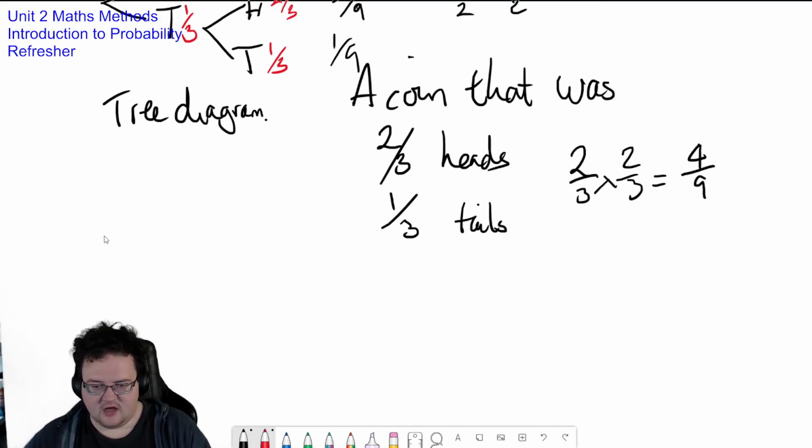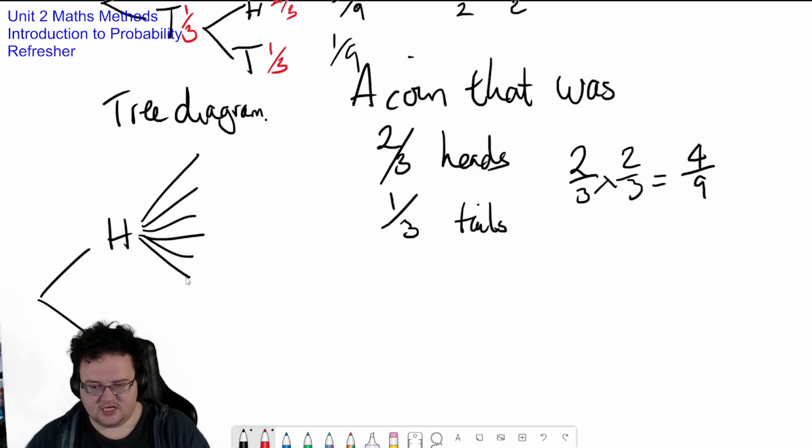So in this case here, heads, tails, or I can roll a 1, a 2, a 3, a 4, a 5, or a 6, for each. Tree diagrams can get messy very quickly.